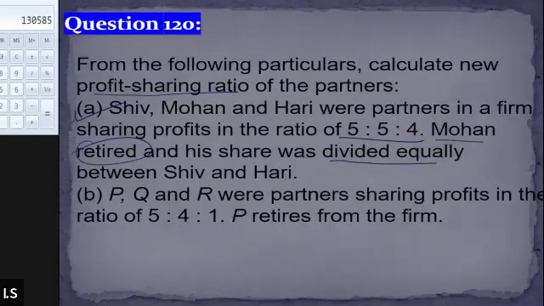Let's start with the B part of the question. It says that P, Q, and R were partners sharing profit in the ratio of 5:4:1. P retires from the firm. So whoever is the remaining partner, they will be sharing the profit in the ratio that should be left after cutting out P's share.